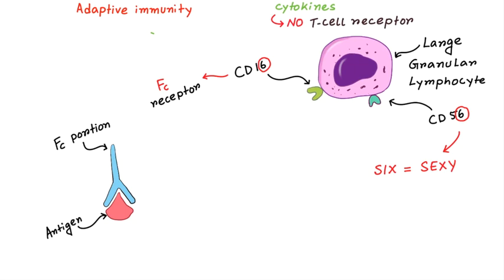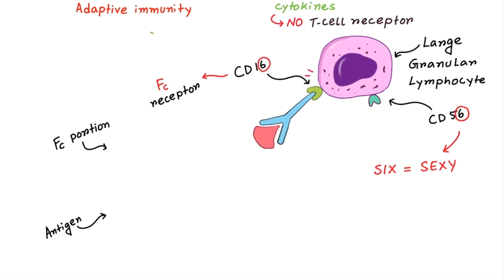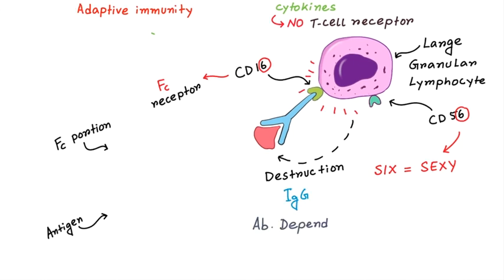As soon as the Fc portion of the antigen coated antibody comes in contact with the CD16 molecules and interacts with it, the NK cell gets activated. These NK cells will then destroy the antibody coated antigen. This is specifically seen when the IgG type of antibody binds with the antigen. This type of destruction is called antibody dependent cell mediated cytotoxicity.